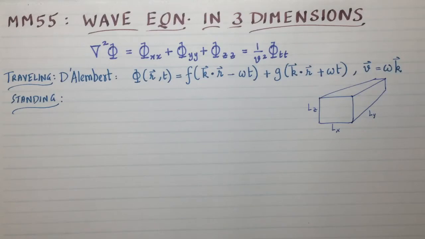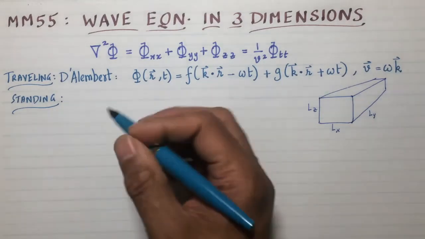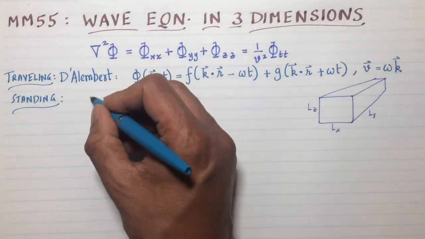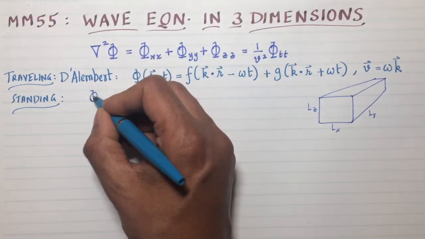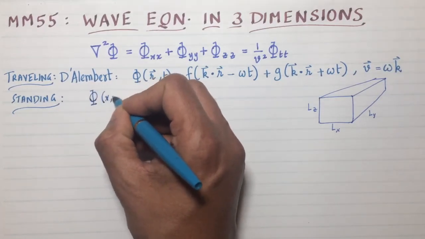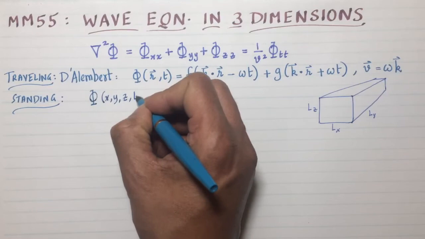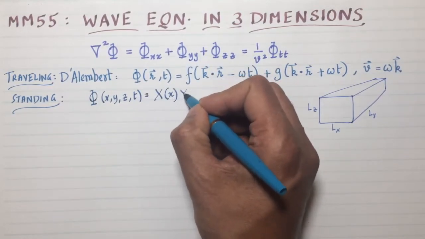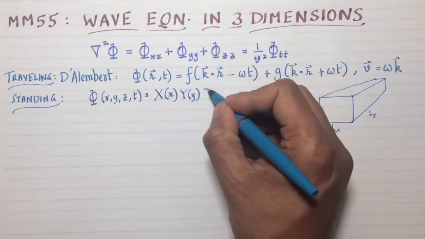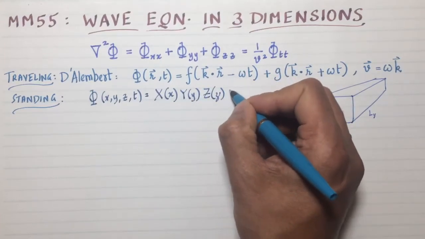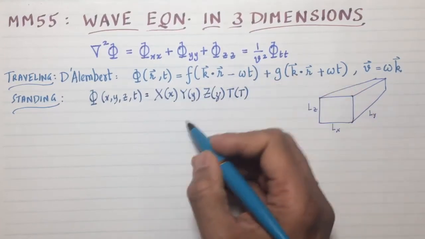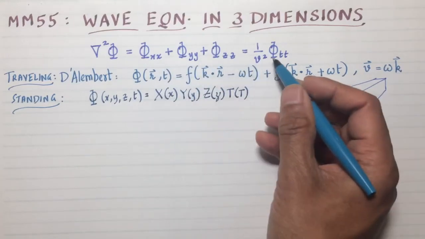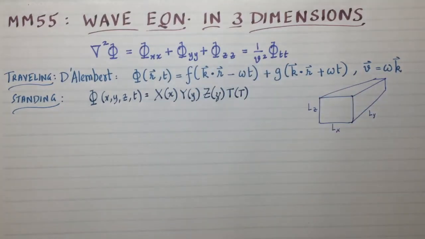So we follow the usual procedure of writing the wave phi, which is a function in general of x, y, z, and t, as a product of each of these functions. Substitute it in the wave equation and divide by x, y, z, t.